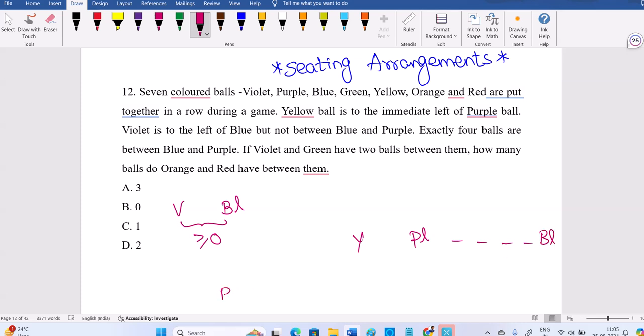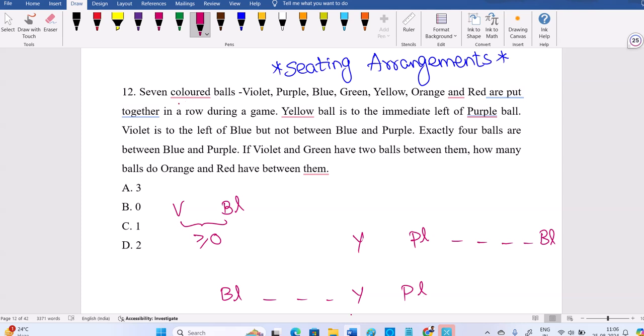The other one is blue, 1, 2, 3, Y is here, purple. There are 2 chances like this. They said exactly 4 are between blue and purple. Now if you see the count, we have here 4 plus 2, 5, 6. We want 7.